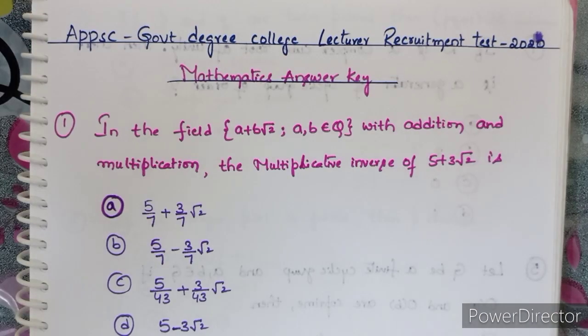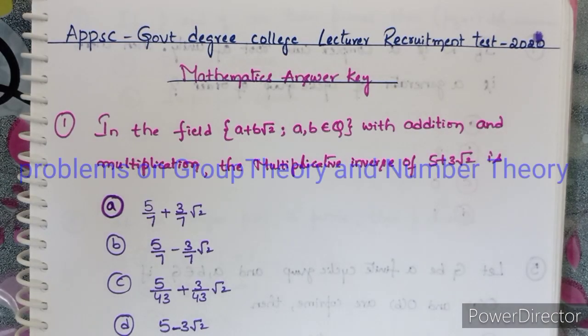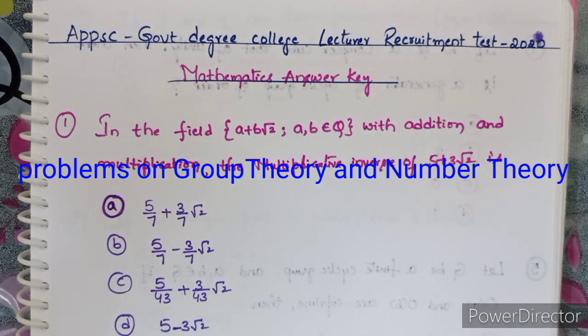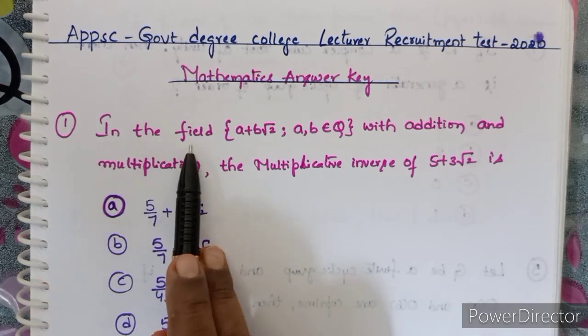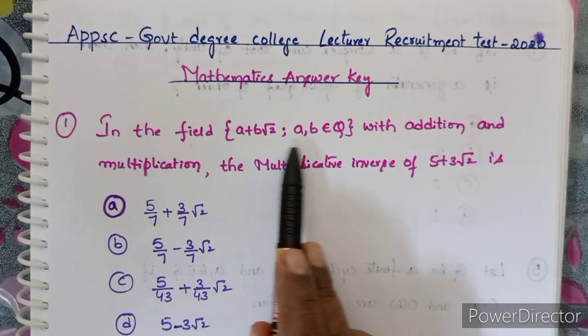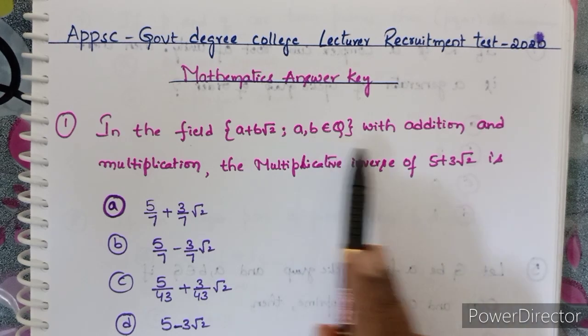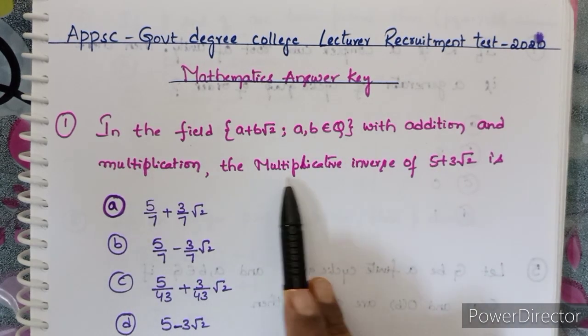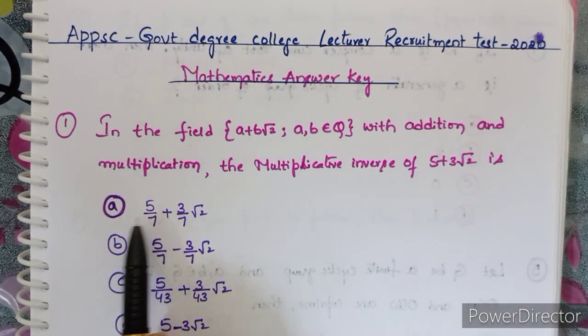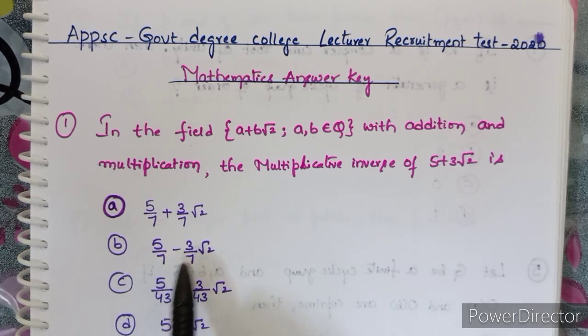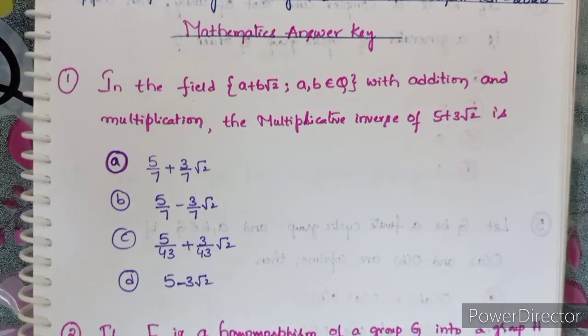Coming to today's session. Today also we discuss some more questions of the Government Degree College Lecturers Recruitment Test 2020 conducted by APPSC. First question: in the field a + b√2, where a and b are both rational numbers, with addition and multiplication, the multiplicative inverse of 5 + 3√2 is: options A, 5/7 + (3/7)√2; B, 5/7 − (3/7)√2; C, 5/43 + (3/43)√2; D, 5 − 3√2.